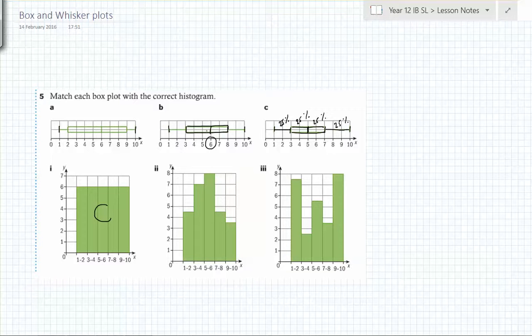So the median would suggest it slightly, but also this 25% and this 25%, there's a slight stretch for the 25% of people on the lower end. So that means that this bit should be more spread out between 3 and 5. Does that agree with it?